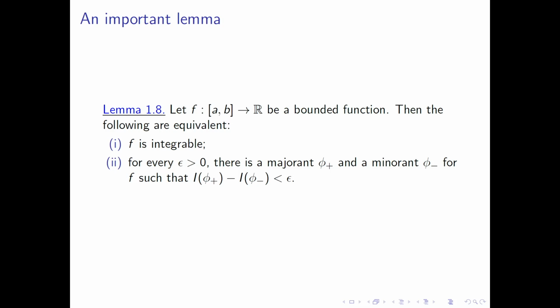It says that the function f is integrable if and only if a certain statement involving epsilons is true. For every epsilon, there has to be a majorant phi plus and a minorant phi minus for the function, whose integrals differ by less than epsilon.